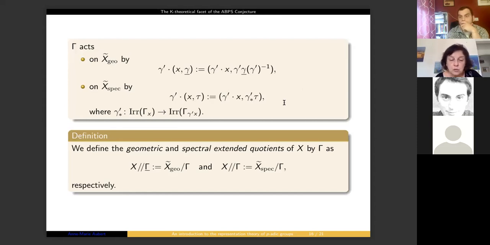So we can consider the quotient of this set, for instance X tilde geo, by the action of Γ, and similarly for the other one. We call this quotient the extended quotient of X by Γ: the geometric extended quotient for the one on the left and the spectral extended quotient for the one on the right.